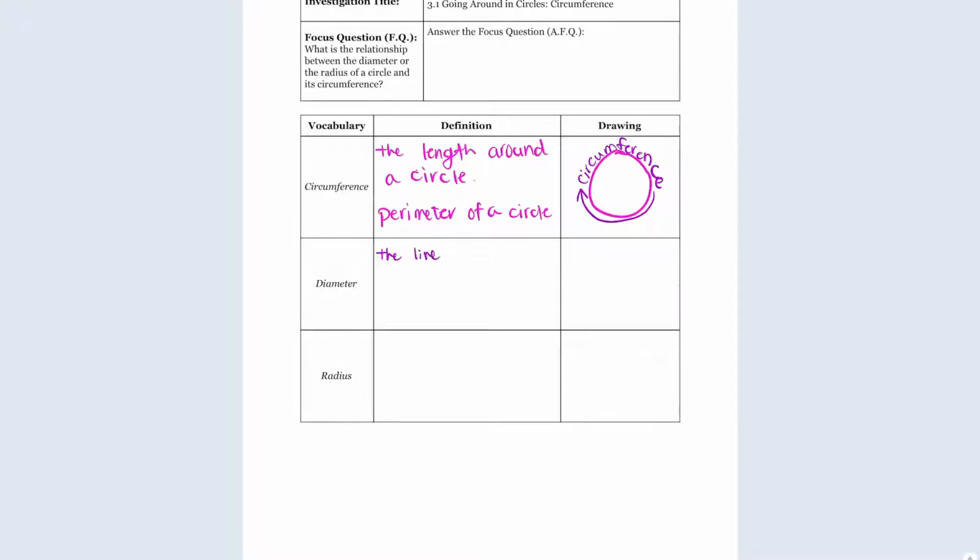This is the line that starts on one side of the circle, passes through the center, then goes to the other side.